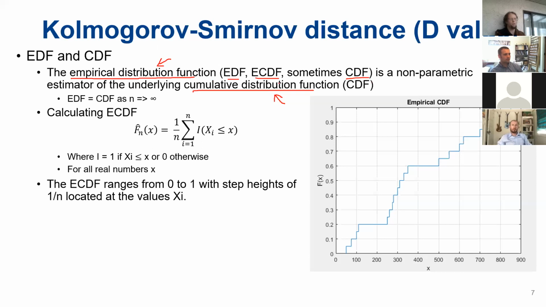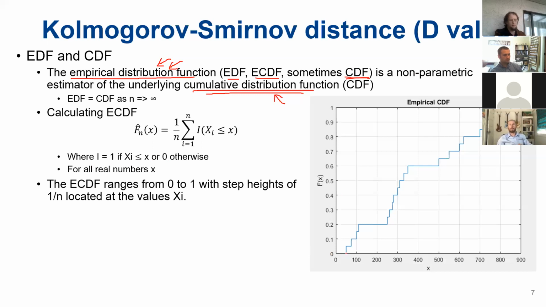You're trying to represent this population distribution function by analyzing enough grains that your empirical distribution function matches it. So as your n goes to infinity, presumably your EDF equals your CDF. You'll see it referenced in different ways, and I'll probably default to CDF. Unfortunately, it's a bad habit of mine.